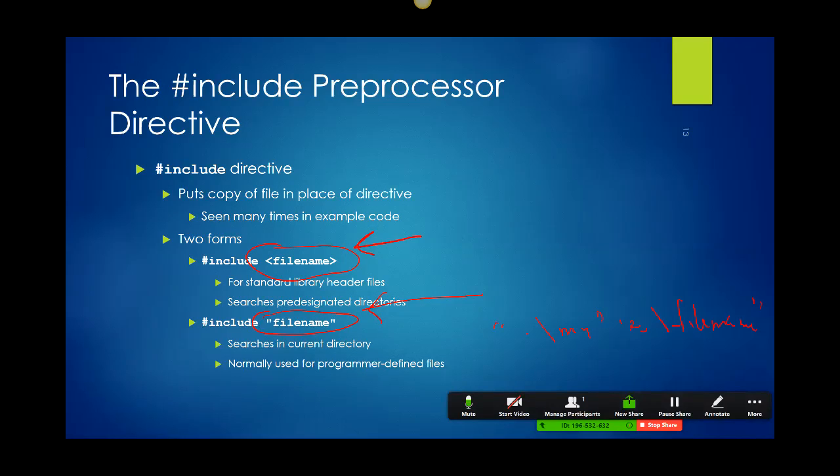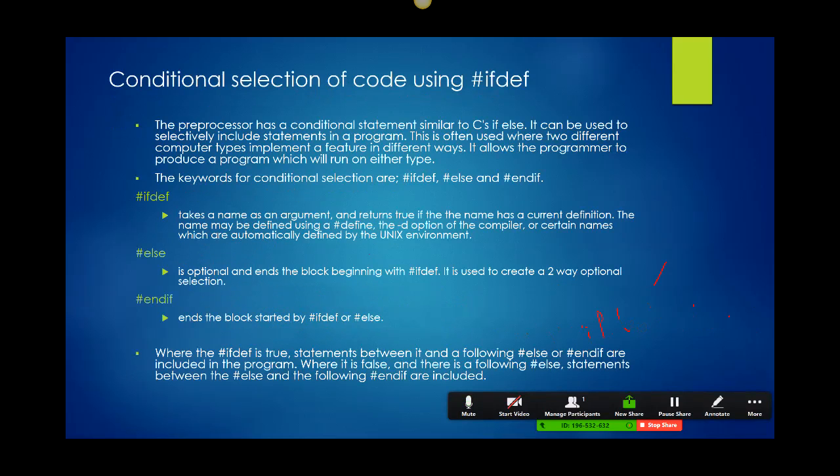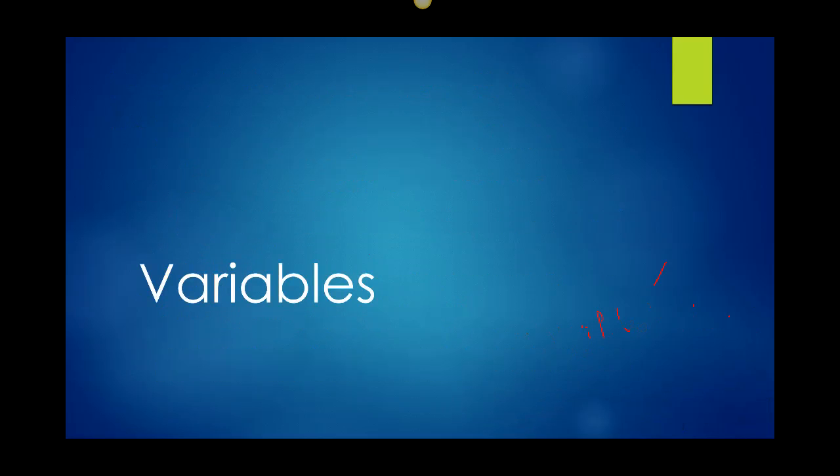All right, so in this case, I'm saying look for it one level up in the subdirectory my files, okay? Just so that you're aware of it. If you're doing it in a Linux environment, of course, remember the backslashes become forward slashes. All right, so there are other preprocessor directives, which for now I will forgo.